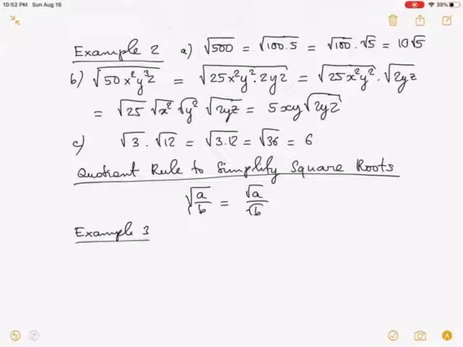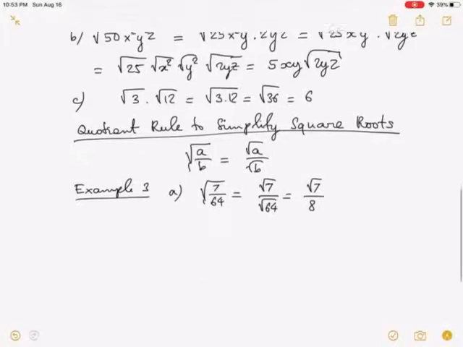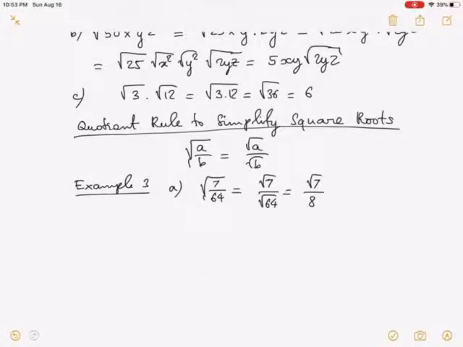So example 3. Say the square root of 7 over 64. We could write the square root of 7 over the square root of 64. The square root of 7 we keep, because the square root of 64 is 8. We could simplify only the denominator.